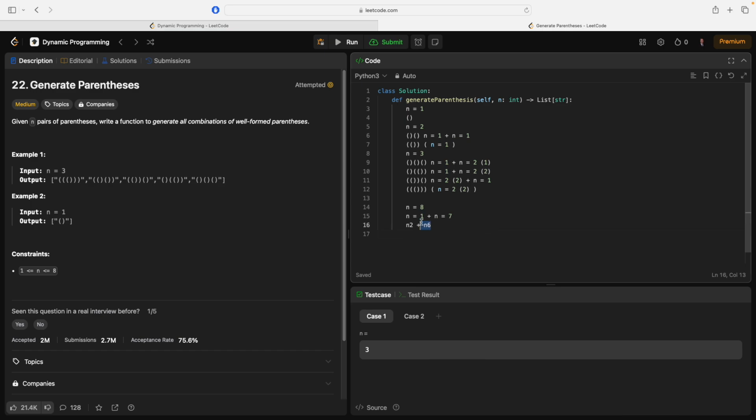No, because those are all covered by the subproblems. So we don't have to worry about it, because like, look at this. If we have n equals 3, we don't have to worry about doing n equals 1 plus 1 plus 1, because 2 already has all of the 1 combinations covered. So we build it up over time. Okay.